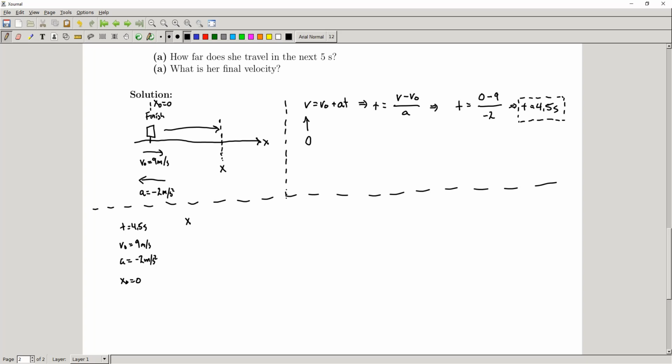from the equations from last time, we'll see that we could use, and I'm just going to repurpose this x that I've put here, x equals x naught plus v naught t plus 1/2 a t squared. And then simply by substituting in values, we can see that we're going to end up with the following equation.